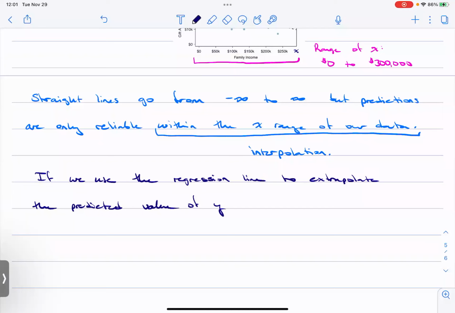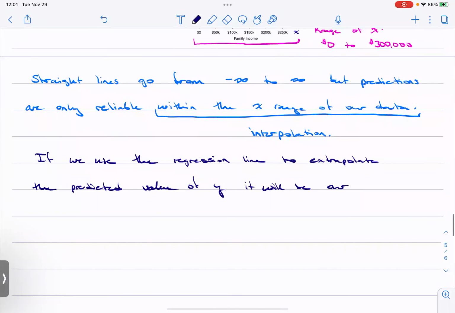If we have no other thing to go off of, it'll be our best prediction. But the prediction will be unreliable.